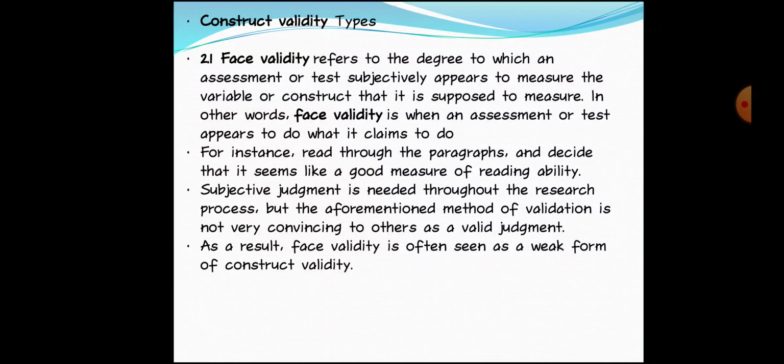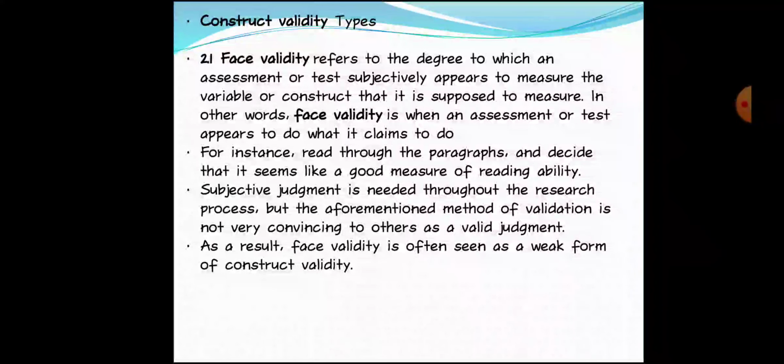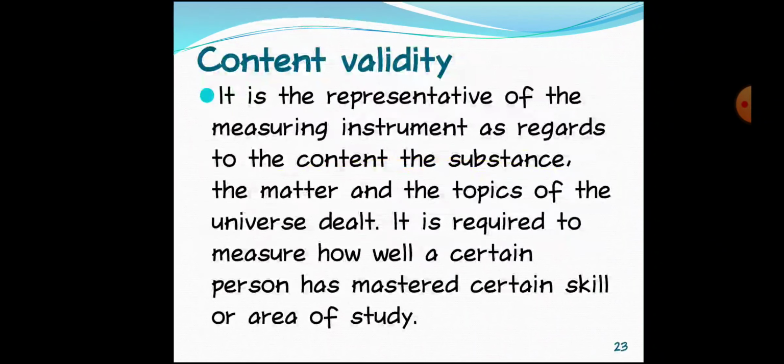For instance, you read through the paragraphs and decide that it seems like a good measure of reading ability. Subjective judgment is needed throughout the research process, but the aforementioned method of validation is not very convincing to others as a valid judgment. As a result, face validity is often seen as a weak form of construct validity.